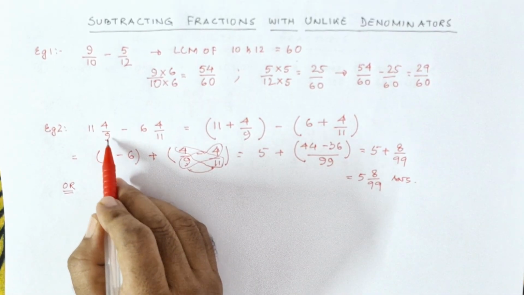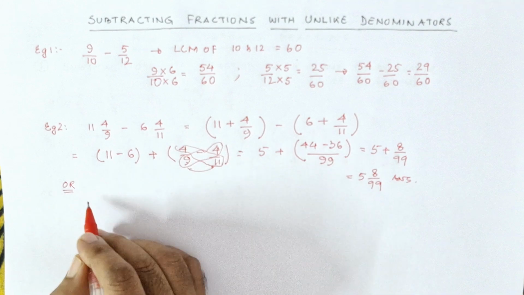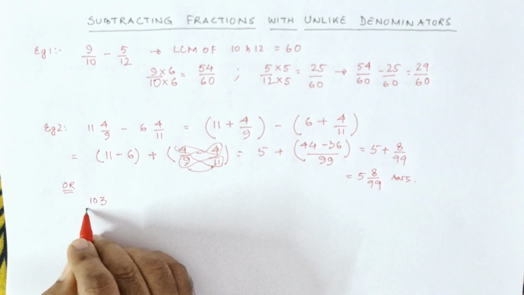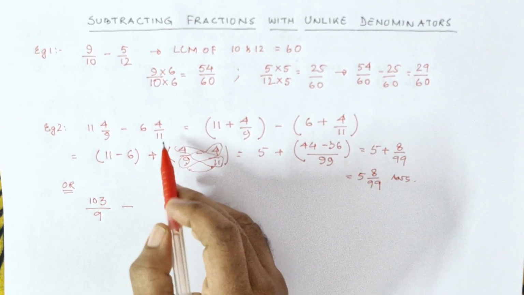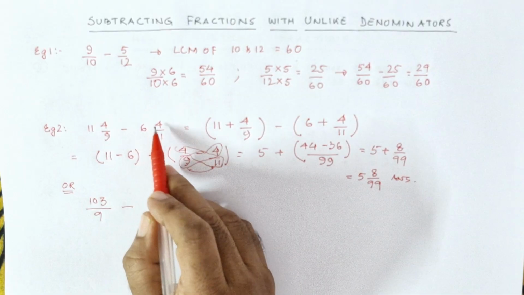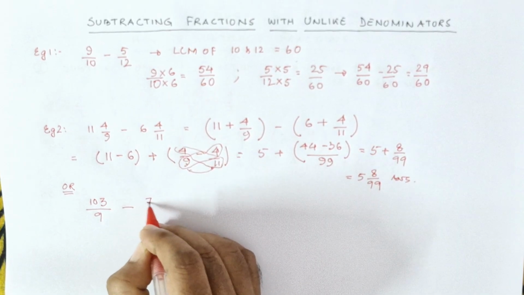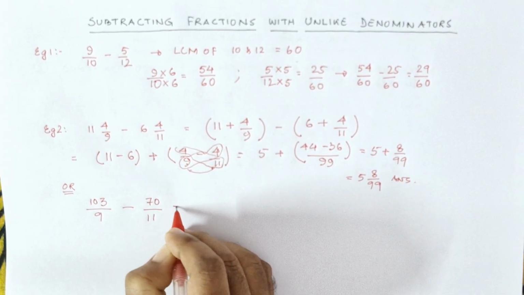Like let's say 9 into 11 is 99 plus 4 is 103, divided by 9. Minus 11 into 6 is 66 plus 4 is 70 by 11.